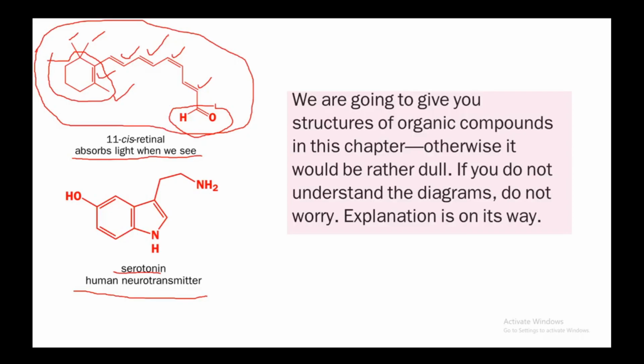And again, if we look at the molecule, it contains a primary amine, that is NH2, and it also contains an OH group, but this is called phenol. This is the phenolic OH, and this NH is a secondary amine, and a double bond. So these are the major functionalities present in the serotonin molecule, and once again it's an organic molecule.